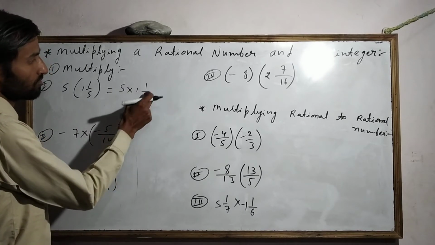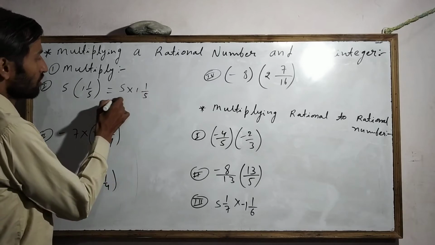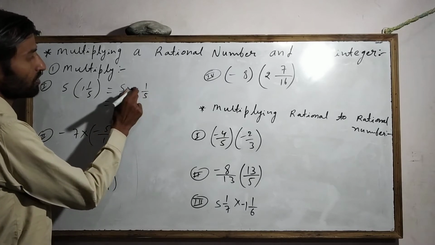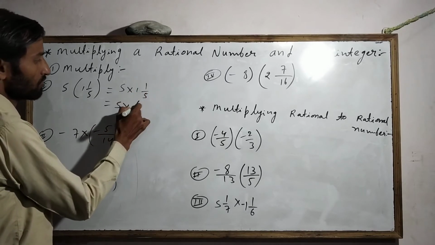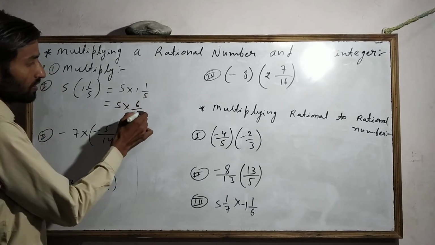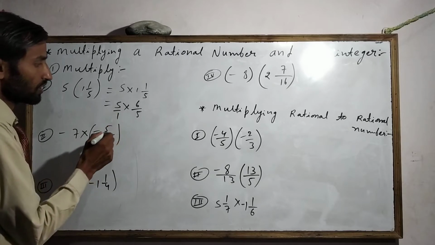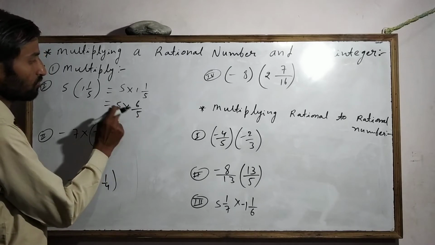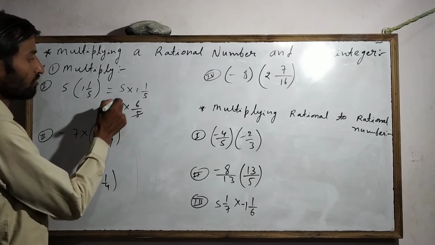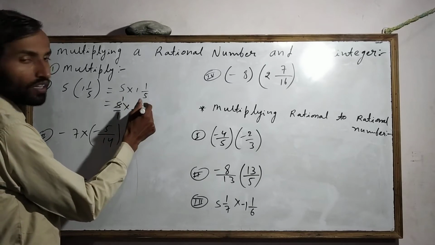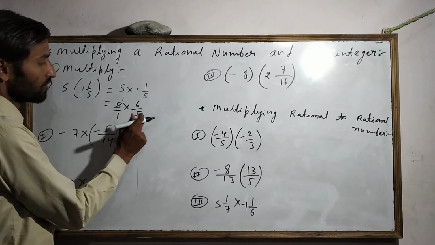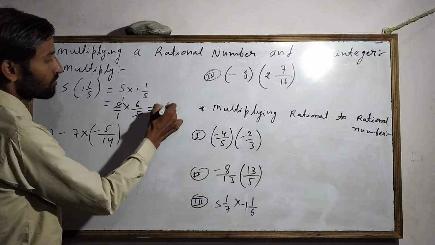Now remove the mixed fraction: 5 times 5 is 25... 5 into 5 1 is 5 plus 1, 6 upon 5. Then we can cancel, because nothing written means 1 in the denominator of 5, so cancel the numerator and denominator. 5 1 is 5, and then multiply numerator to numerator, denominator to denominator. So it will come 6.